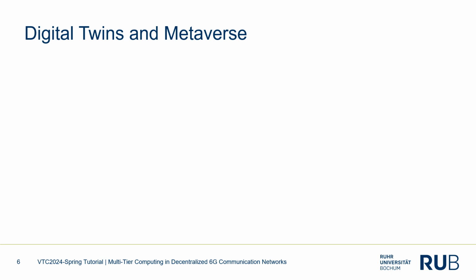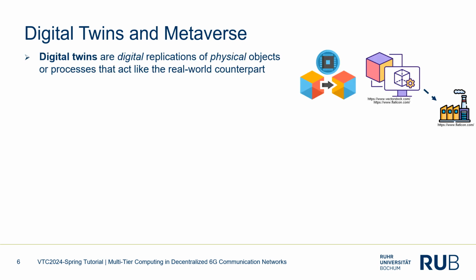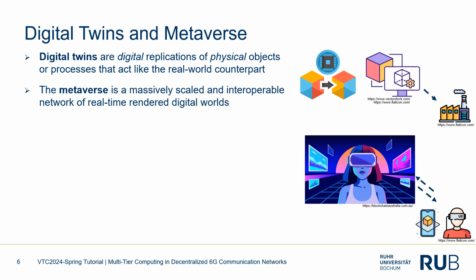Let's look at two use cases in more detail: the use cases of digital twins and metaverse. First of all, digital twins are digital replications of physical objects or processes that act like the real-world counterpart, while the metaverse is a massively scaled and interoperable network of real-time rendered digital worlds.